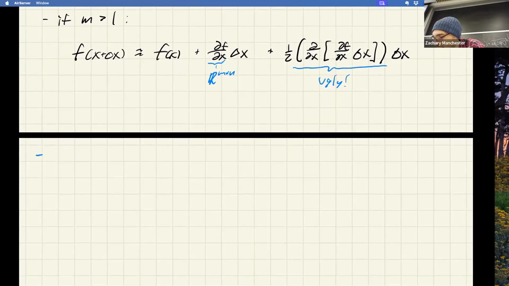And I'm going to show you a set of tricks to let you compute these things in a legit way and do all the tensor math you'll probably ever need without actually having to write tensors, just with basic matrix math. So the story is, for m greater than 1, this d squared f dx squared thing is a third rank tensor.